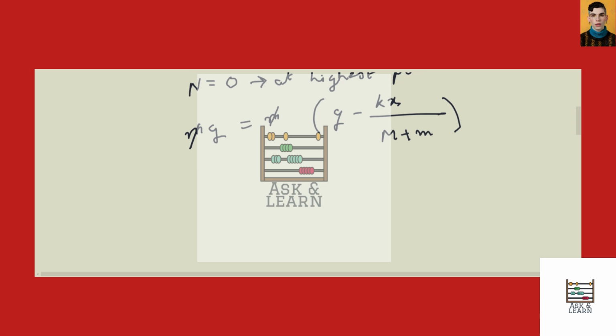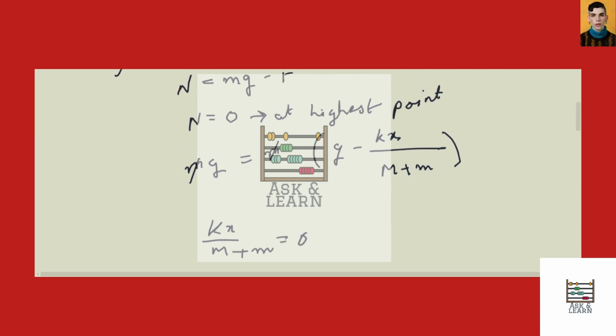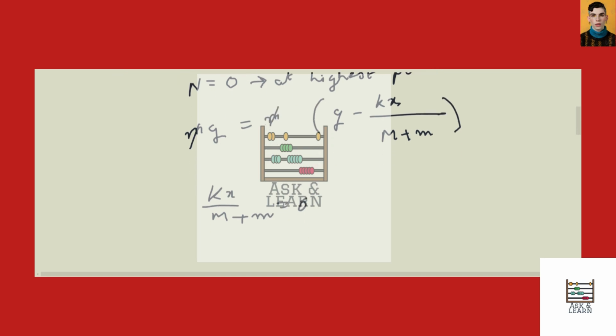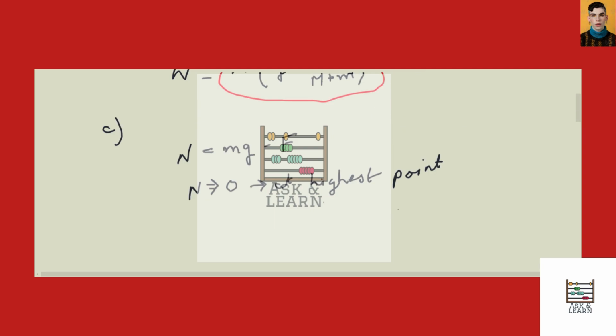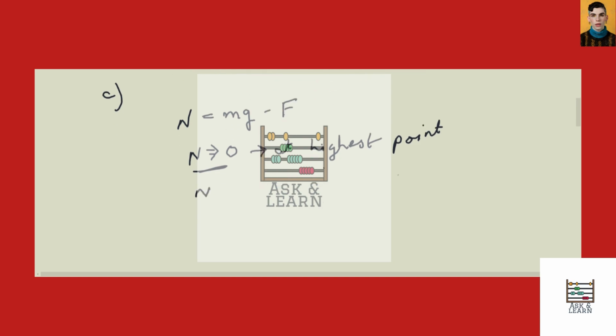Now here we see that kx by M plus m equals g. So for both the blocks to reach the highest point and move together, we have to have the normal force towards 0. That means the normal force should be smallest.